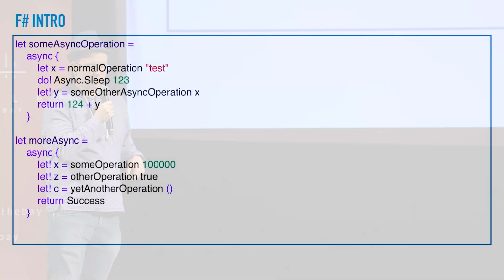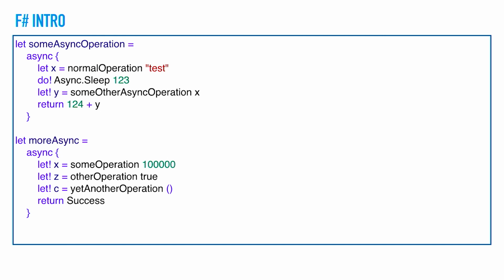And asynchronous code is using the computation expression feature I mentioned briefly. A computation expression is an ability to enhance a block of your code with some additional functionality. So for example, here we have this block of code that looks like normal F# code that you would normally write as synchronous code.